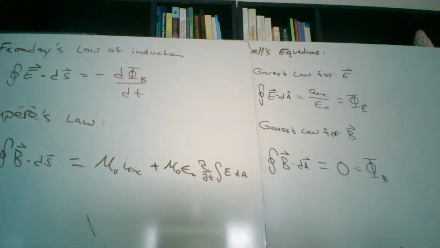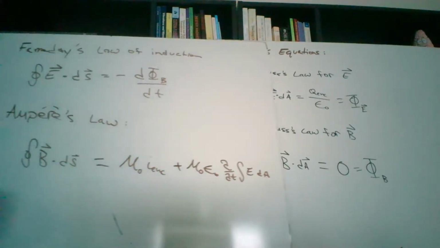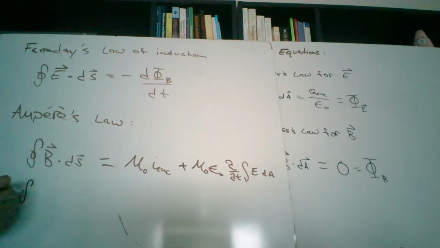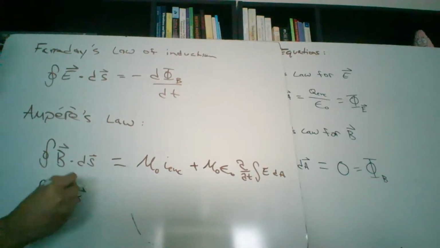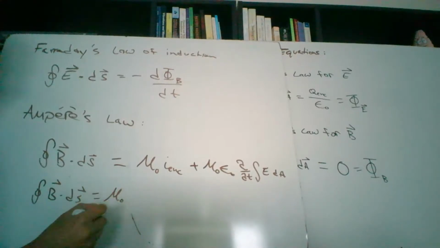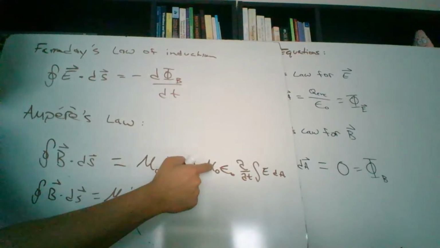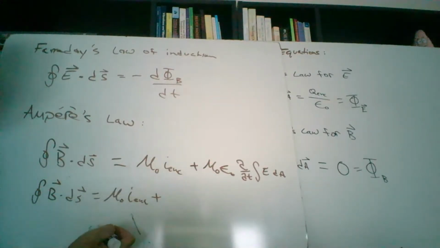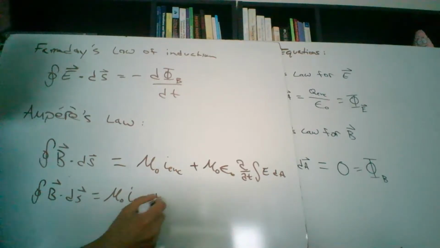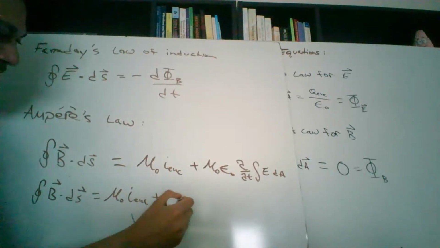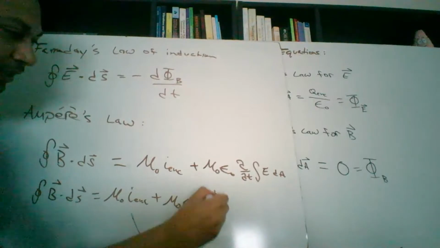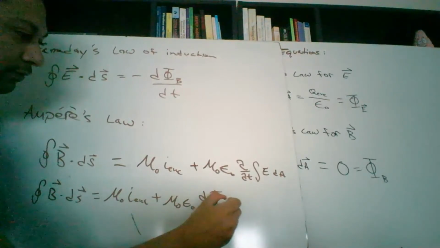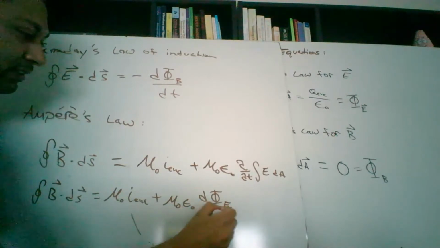So Ampere's law is really, let's see if I could write it down a little bit better. B dot ds, just like we did before, is equal to mu naught I enclosed plus mu naught epsilon naught, and instead of this, I'm going to call it the change in the electric flux divided by dt.